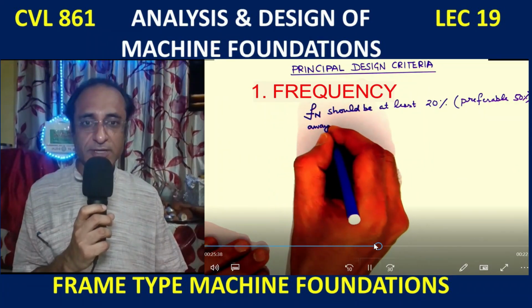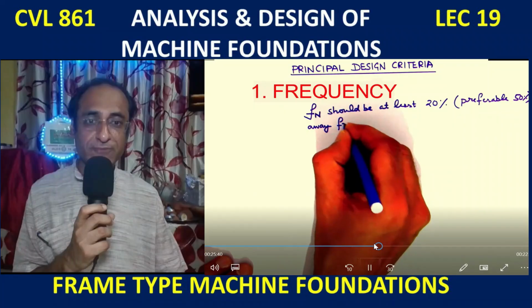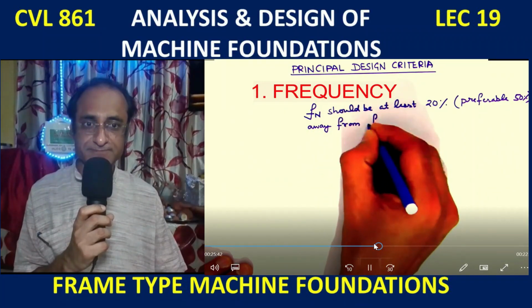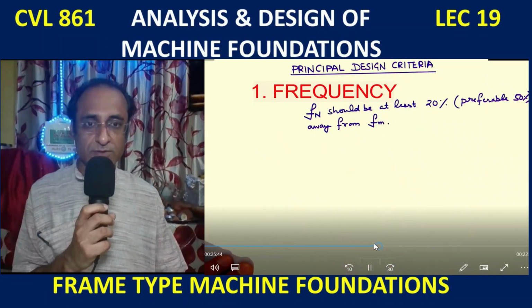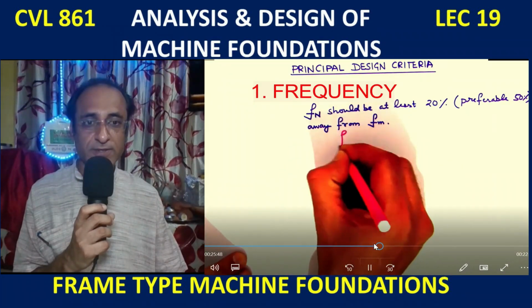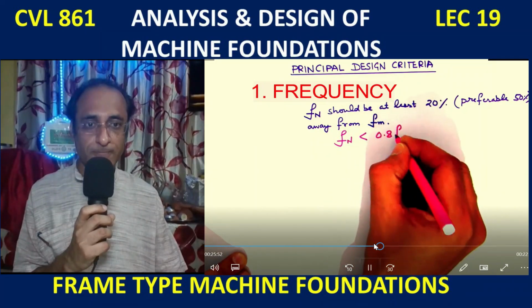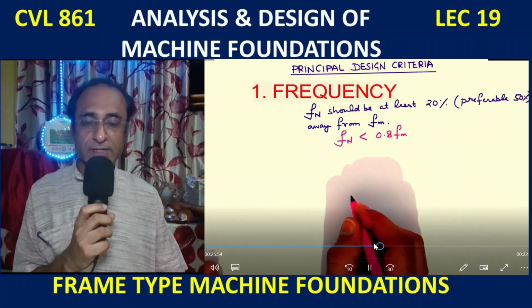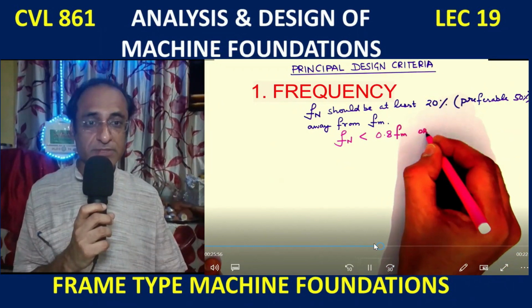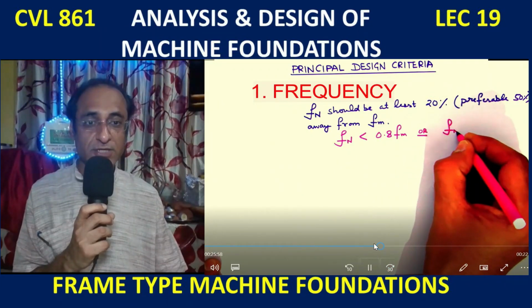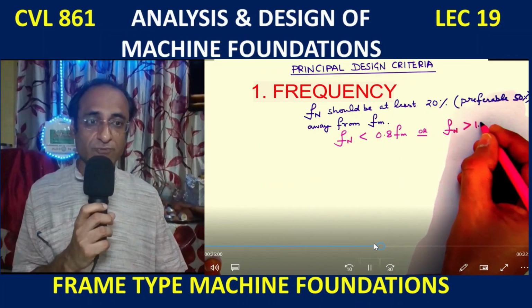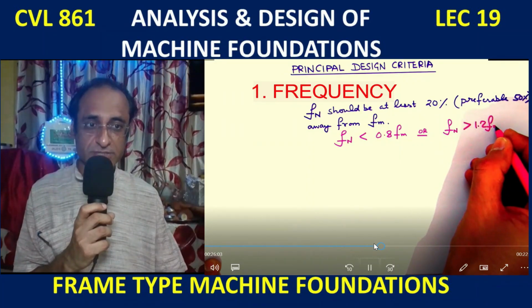It's expressed in a different way, and preferably it should be 50% away. Here everything is expressed in terms of the frequency of the machine. So we can express that it should be either less than 0.8 times the frequency of the machine, or greater than 1.2 times the frequency of the machine.